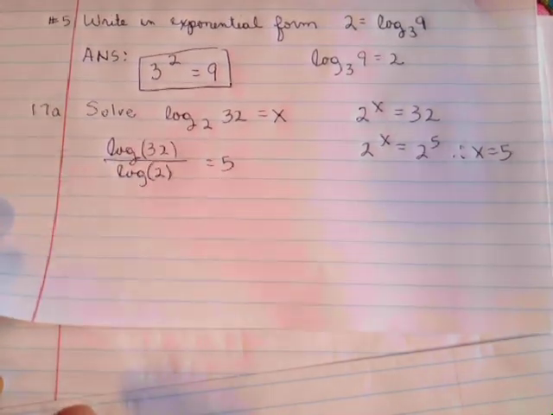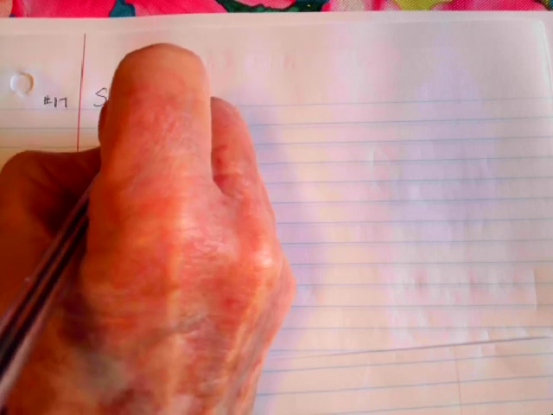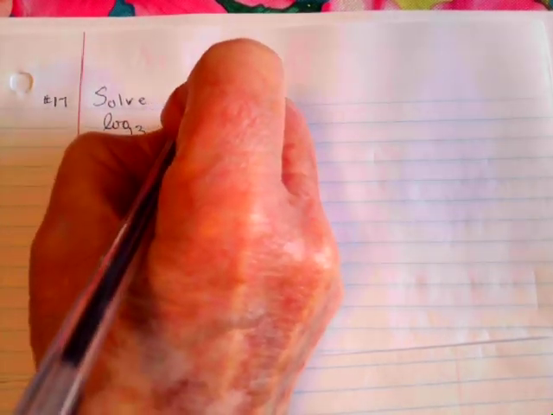Everybody caught up? Homework number 17. That was 17a. I just threw us a little extra one in there. Solve log 3 of the square root of 27 equals x.